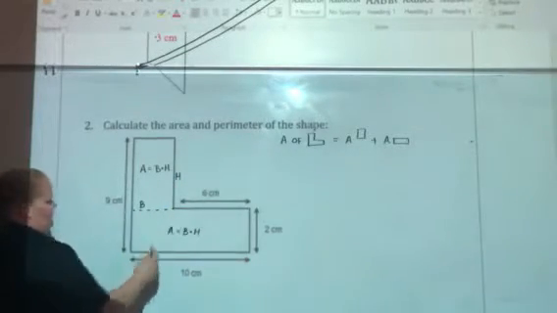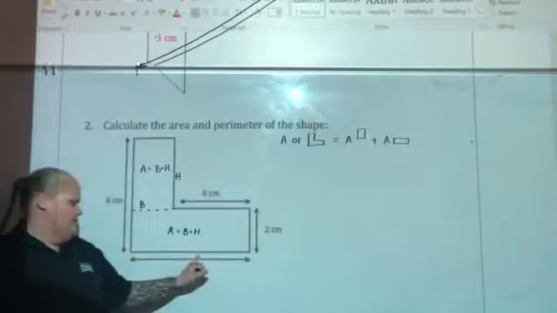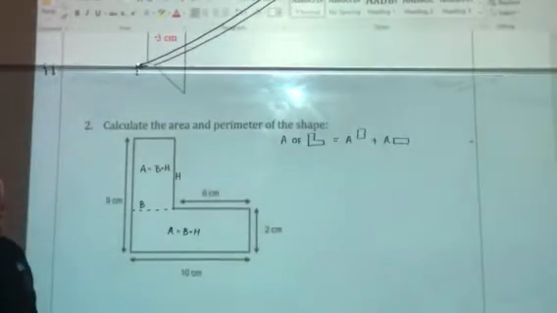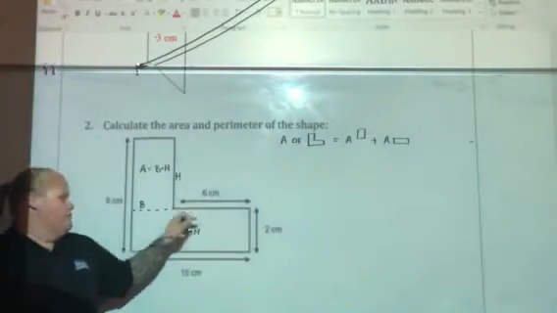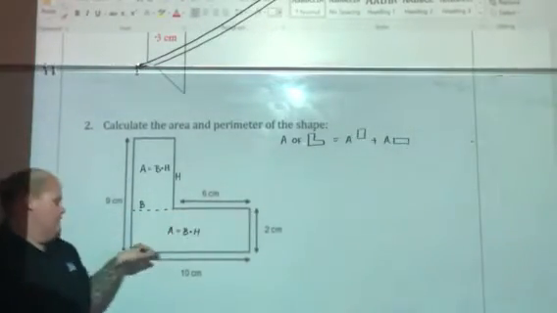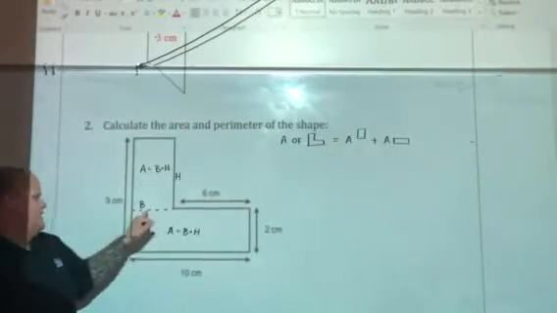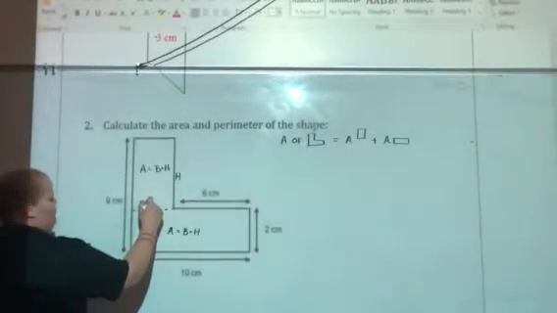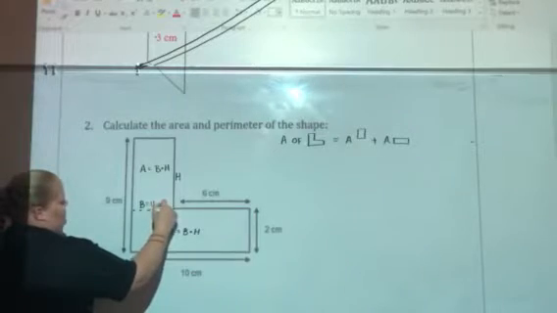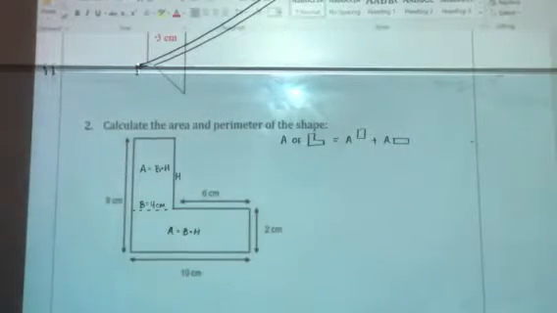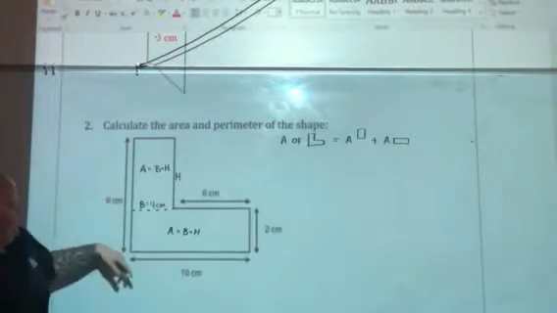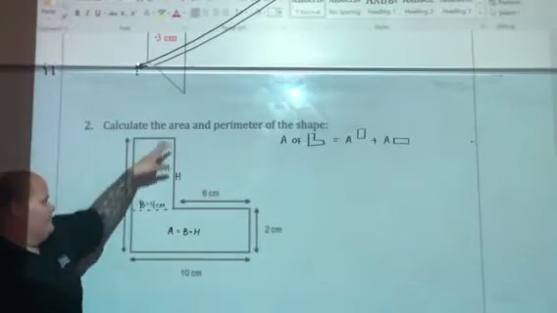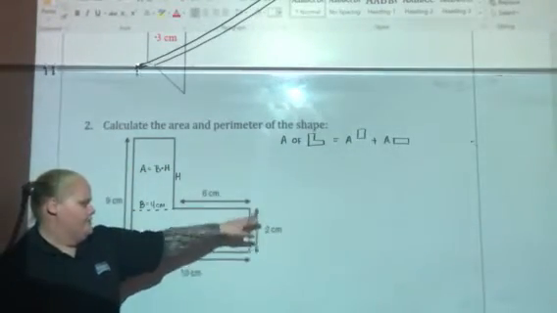To find the base, I know that the entire length of this is 10 centimeters. But I'm only looking for this piece. I know that the length of everything else besides this piece is 6. So if I take the 10 and subtract the 6, I get that this base is equal to 4 centimeters. And then the same thing with the height. I know that the height of the entire L is 9 centimeters, and that the height of everything but H is 2.